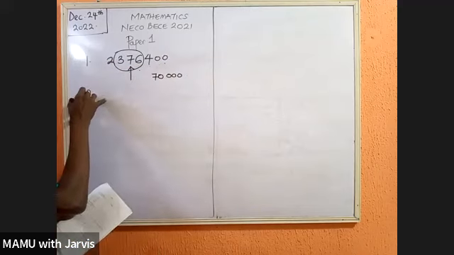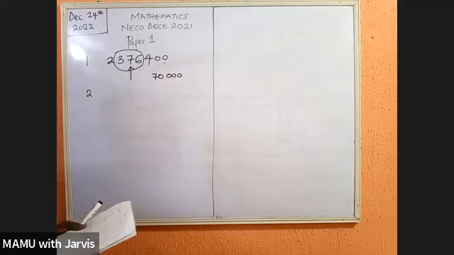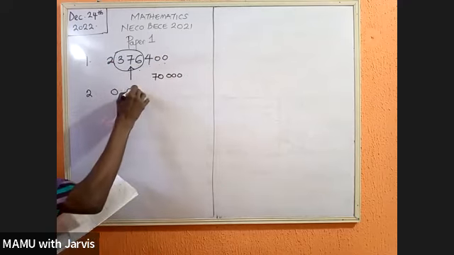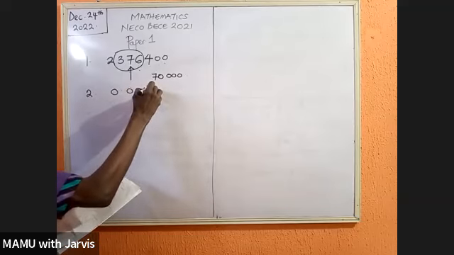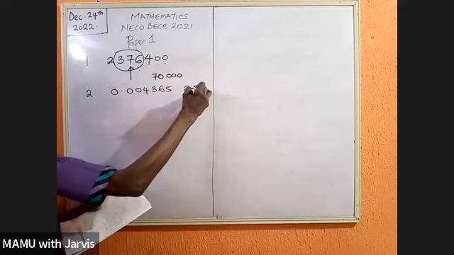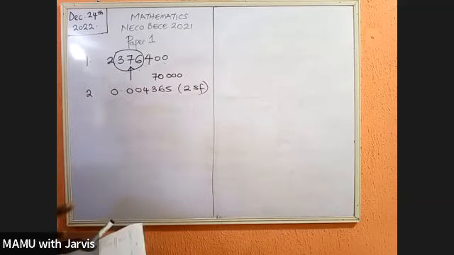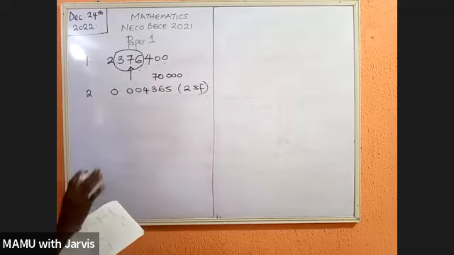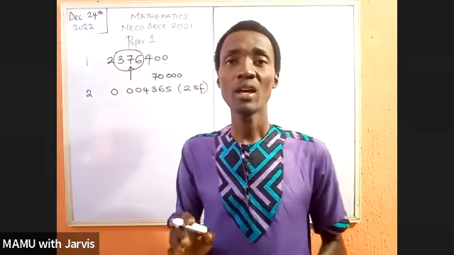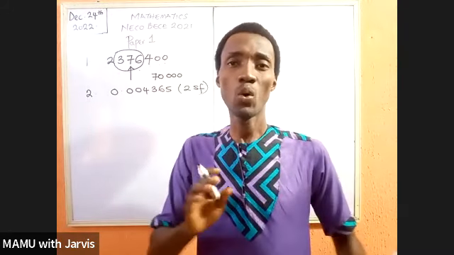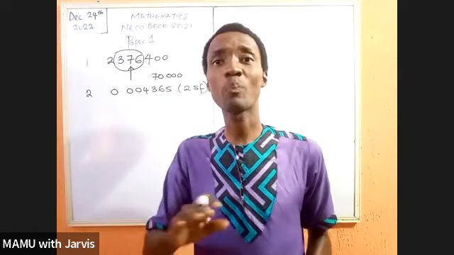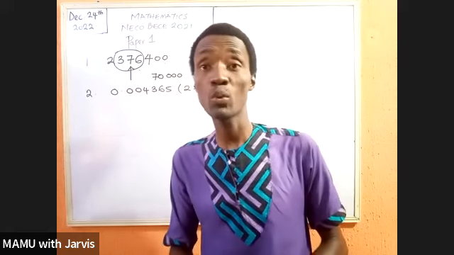Now for question number 2, it says round off 0.004365 to 2 significant figures. Now, there are 2 aspects of significant figures. There are numbers that are whole numbers, essentially whole numbers with decimal parts or just whole numbers. Then there are what I call pure decimals, which may not be a conventional word used in maths.